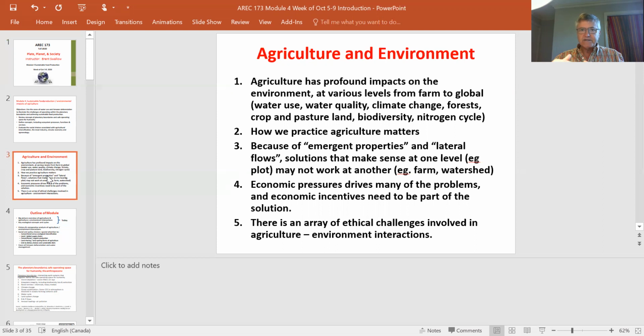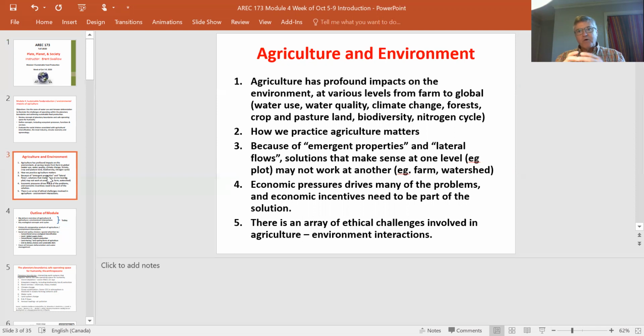Another key concept from ecology is the idea of lateral flows, things which connect different parts of our landscape together, often connected by flows through the air, flows of water over ground, or even material flows across a landscape. And we can also have lateral flows of food. If we're moving food from one foodscape, as people think about it, to another foodscape, that's a flow, or you could think of that as a lateral flow.